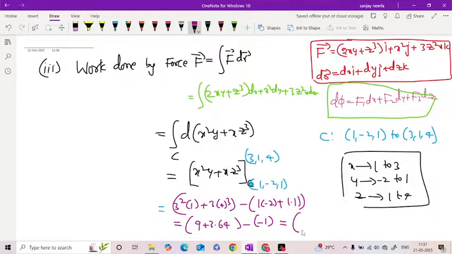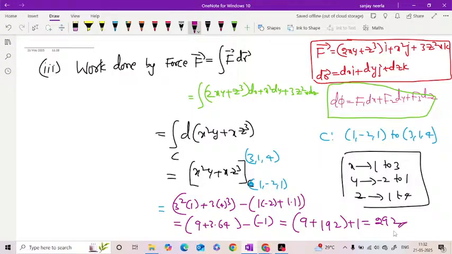What is 64 into 3? 192. Very good. So 9 plus 192 plus 1, it is total 202 is the result.